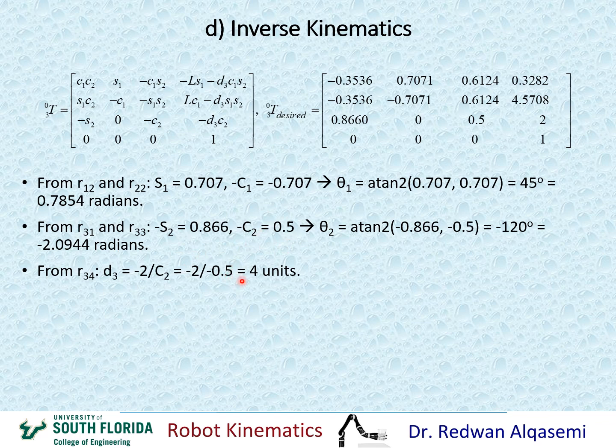So I can just substitute and find D3 to be 4 units for this robot. Now I have theta 1, theta 2, and D3. I can just put here Q desired equals 45 degrees, negative 120 degrees, and 4 units. These values can be put either in degrees or in radians.